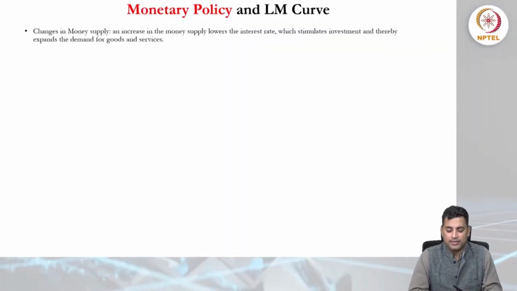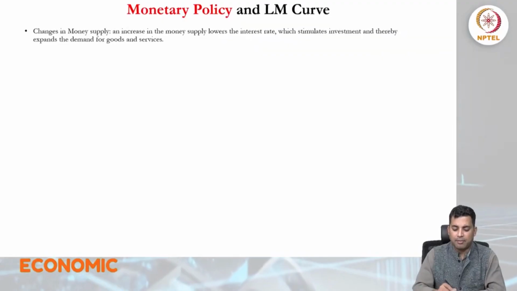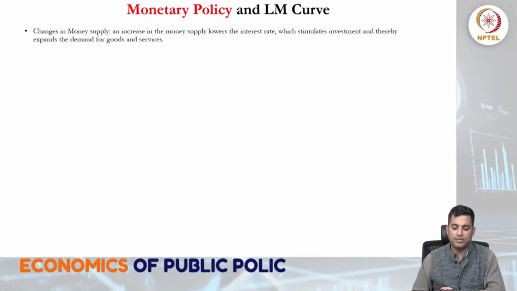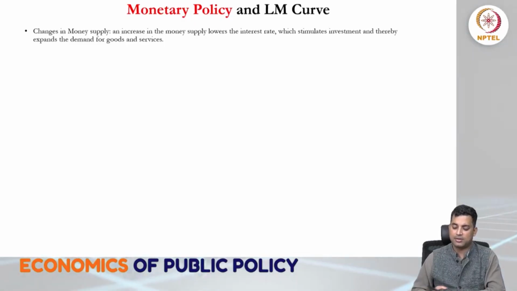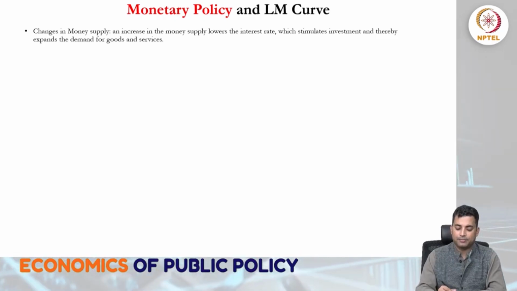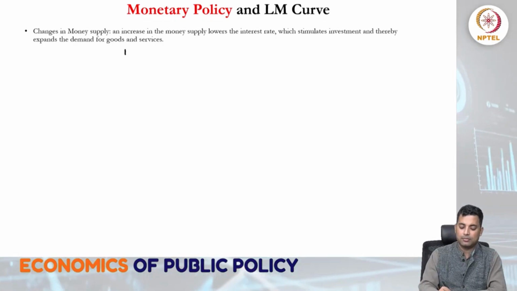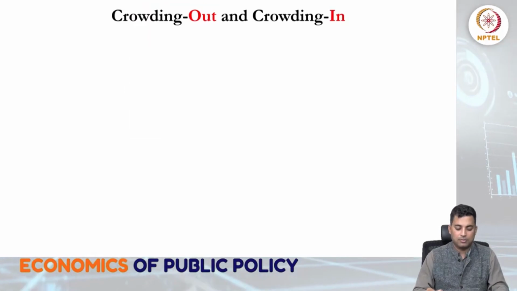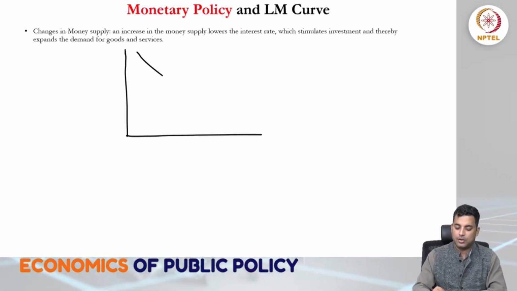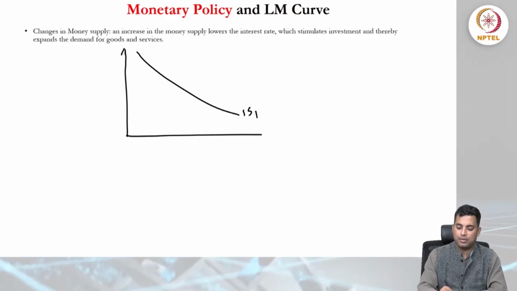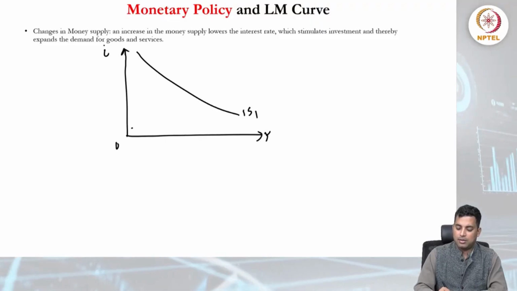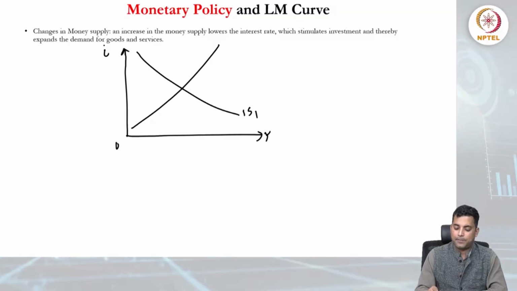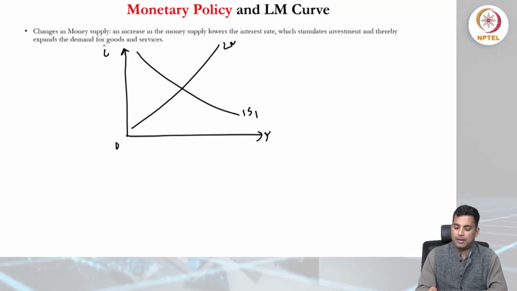So now monetary policy, changes in the money supply. An increase in the money supply lowers the rate of interest, which stimulates investment and thereby expands the demand for goods and services, right? So IS curve will be fixed, and here rate of interest, and this is the LM curve.